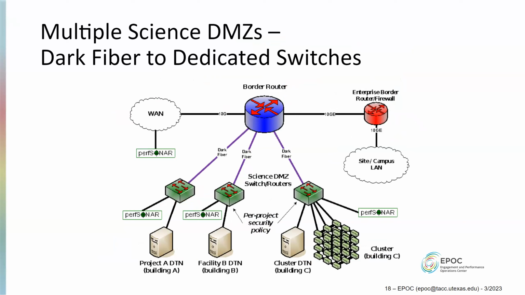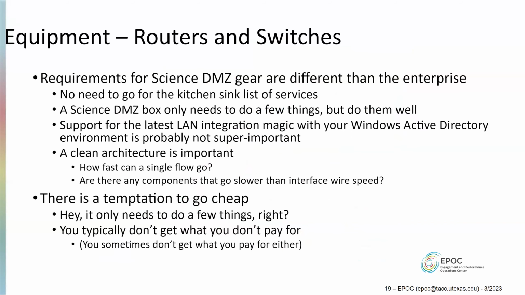We've got multiple DTNs. One of the ways we can do that is employing dark fiber. We can have DTNs in different places, but if we can use dark fiber to bypass the traditional network and get right to the border, that's one way we could do that. Part of the reason we're trying to bypass that core part of the network is that we need different equipment.